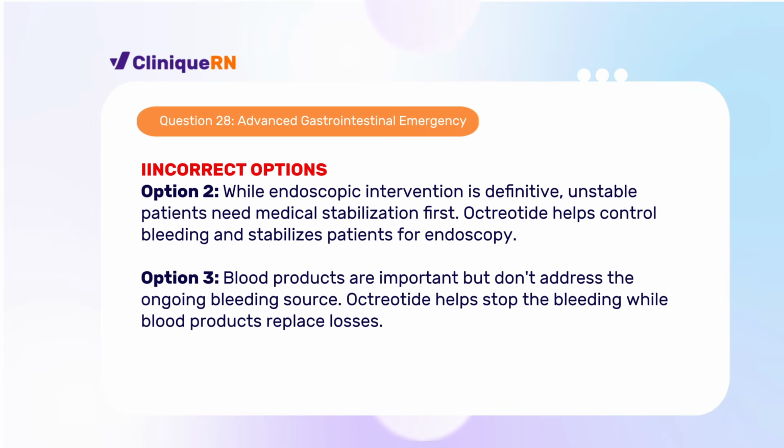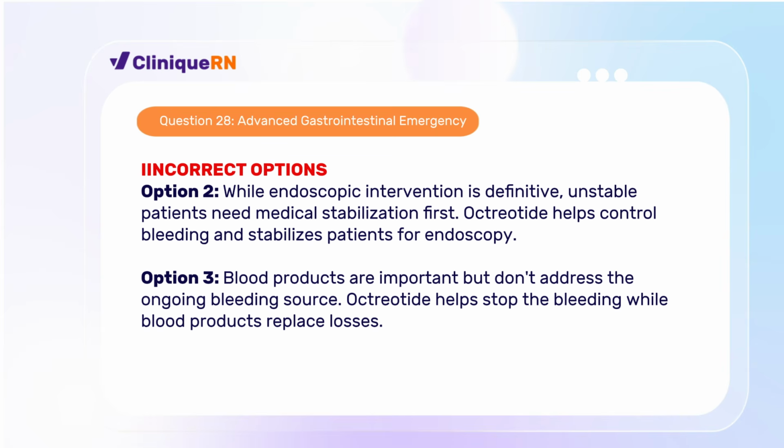Why are other options incorrect? Option 2. While endoscopic intervention is definitive, unstable patients need medical stabilization first. Octreotide helps control bleeding and stabilizes patients for endoscopy. Option 3. Blood products are important, but don't address the ongoing bleeding source.